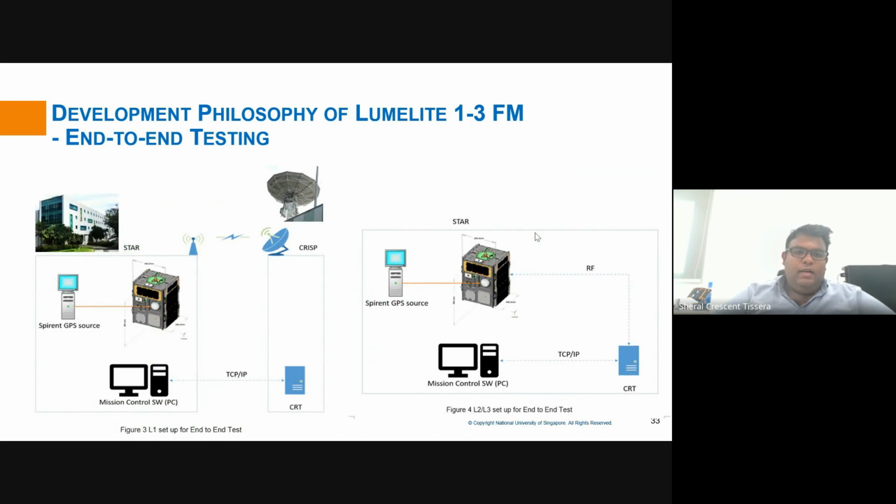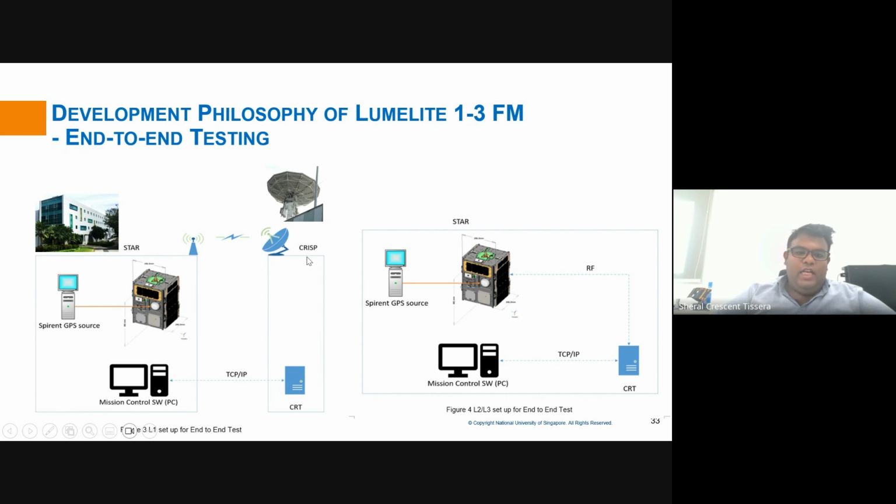So the final part of the development is our end-to-end testing, where we will do a complete end to end of our radio link, where the satellite is stationed in the clean room facility, and all the signals will be sent from our mission control software via an intermediary antenna on our rooftop directly to the ground S-band ground station located in another building of NUS.